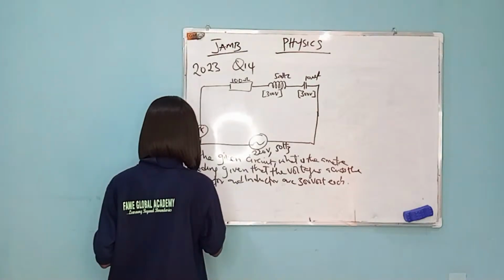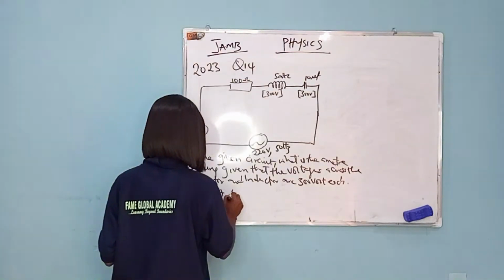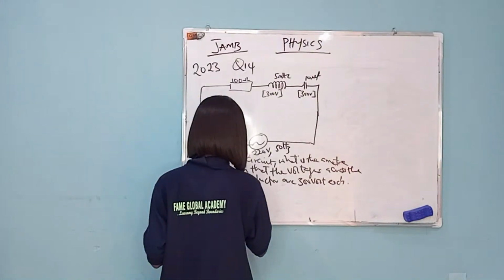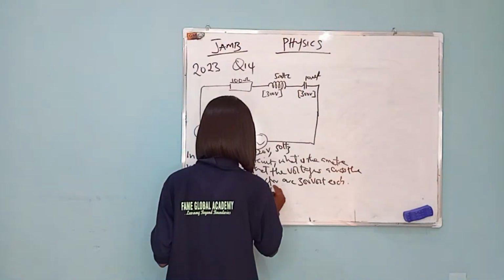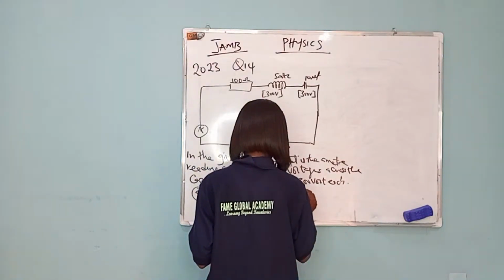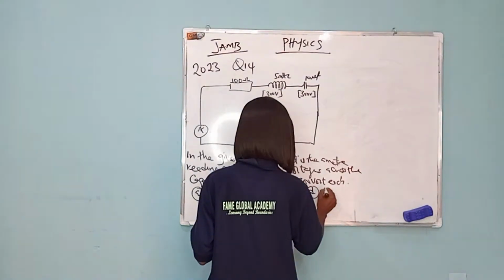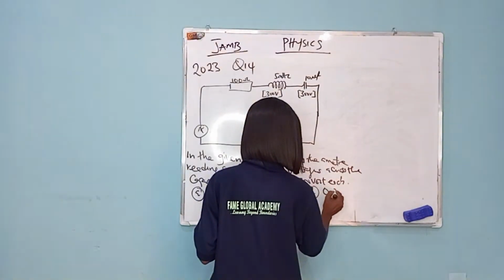Option A, I have 1.2 ampere. Option B, I have 2.2 ampere. Option C, I have 3.2 ampere. And option D, I have 0.2 ampere.